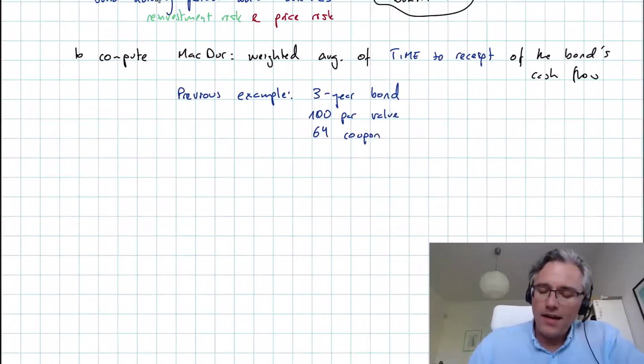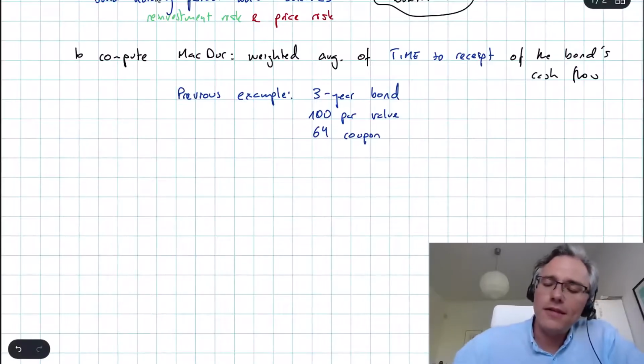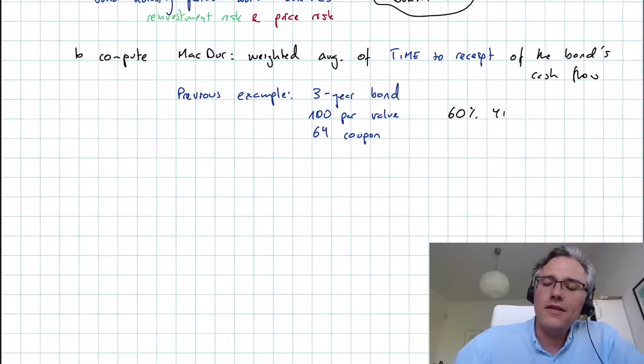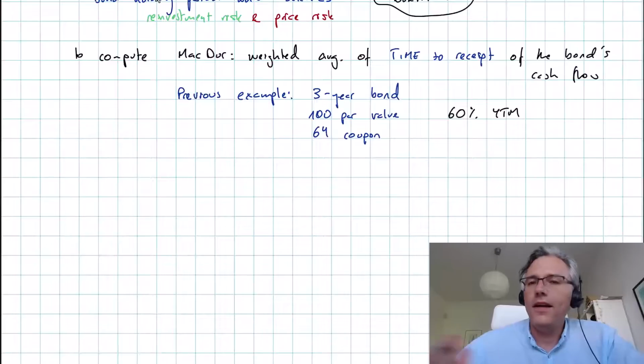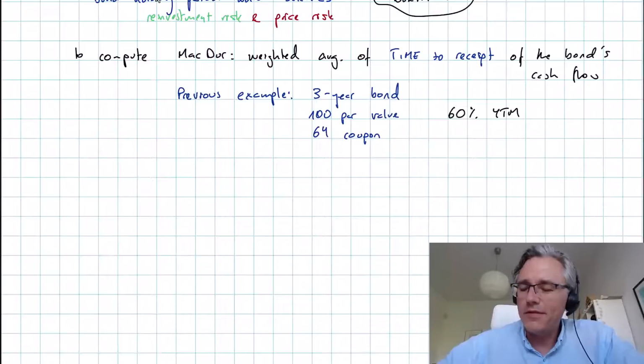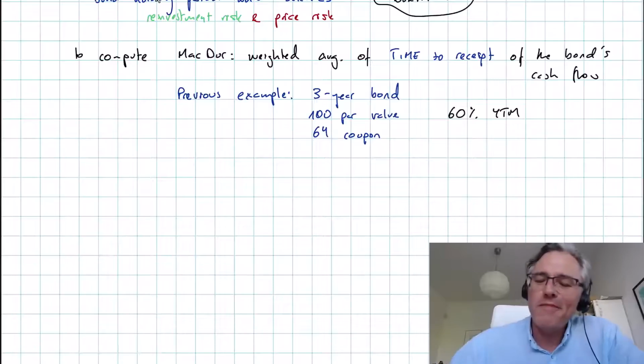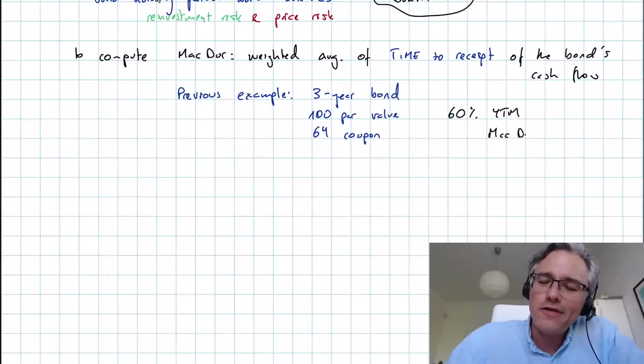You may recall that we initially assumed that it had a 60% yield to maturity. If you can't remember this, it may be a good idea to go back to the previous video. If you can just about remember, then fine. And you may also remember that the Macaulay duration for this bond was 2 years.